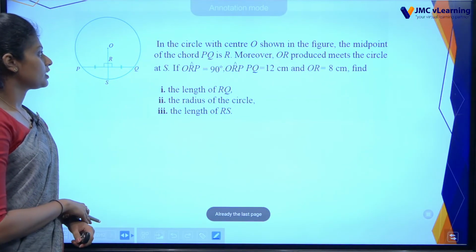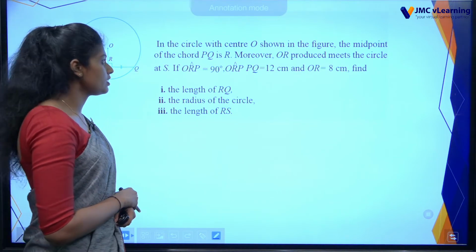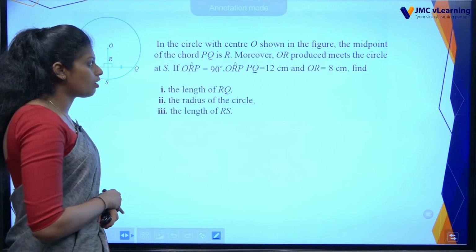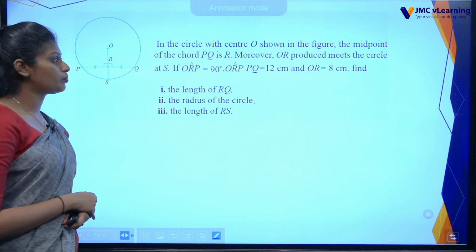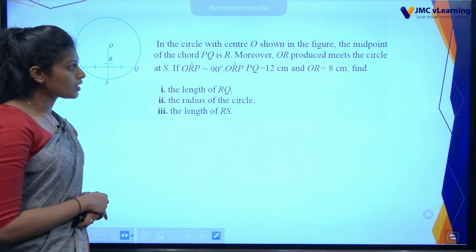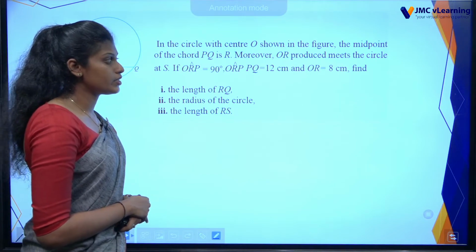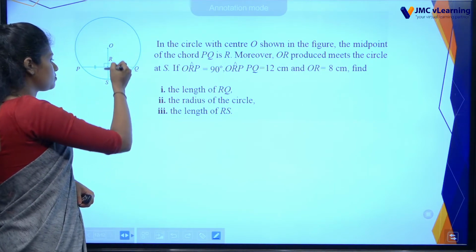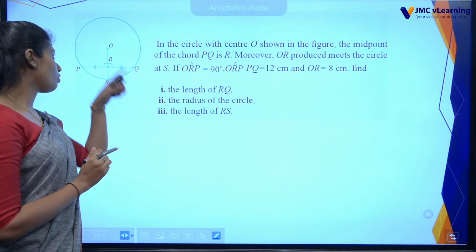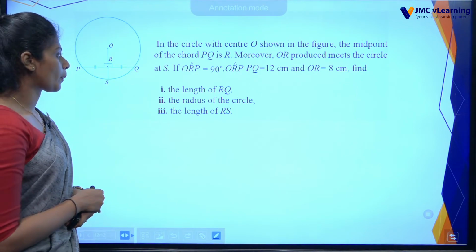The next sum. In the circle with center O shown in the figure, the midpoint of the chord PQ is R. Then this is the midpoint, it is R. Moreover, OR produced meets the circle at S. So OS is the radius of this circle.